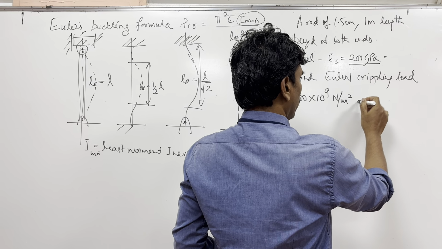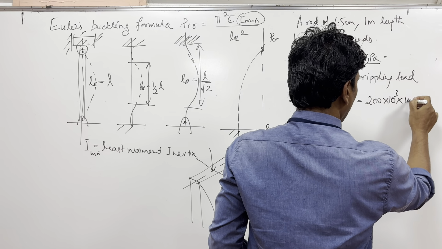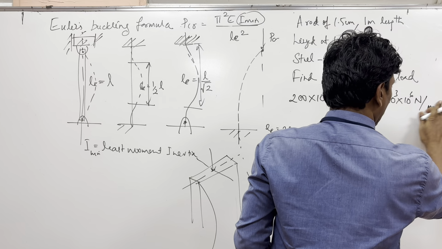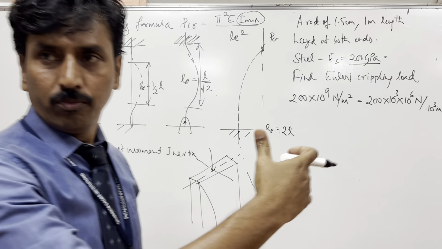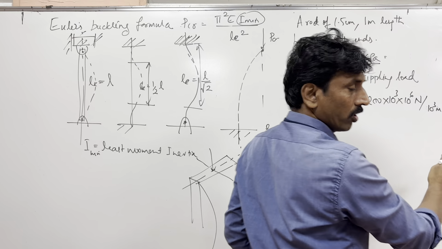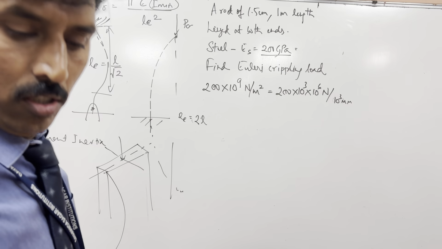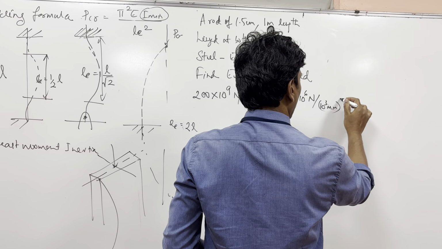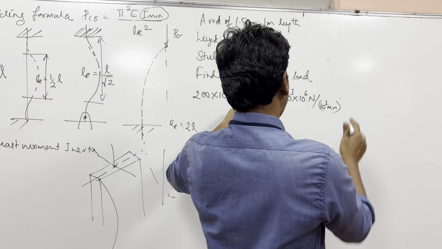So here this becomes 200 into 10 to the power of 3 into 10 to the power of 6 Newton per meter square, and a meter is 10 to the power of 3 millimeter, so it is 10 to the power of 3 millimeter whole square.